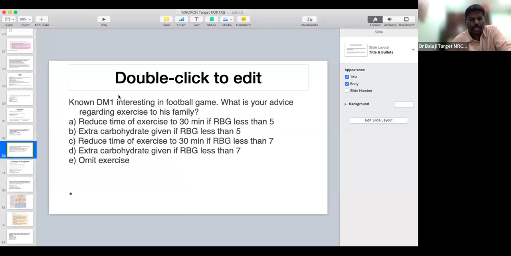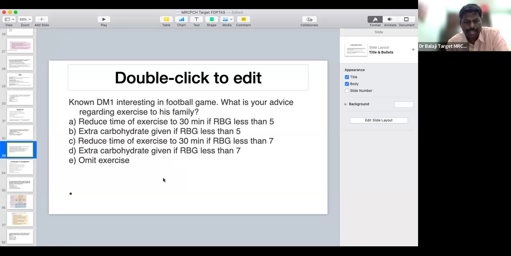Okay. So now you have a known diabetes mellitus type 1 child interested in football. What is your advice regarding exercise to his family? Can anyone tell? So is it to reduce the time of exercise, or take an extra carbohydrate diet?